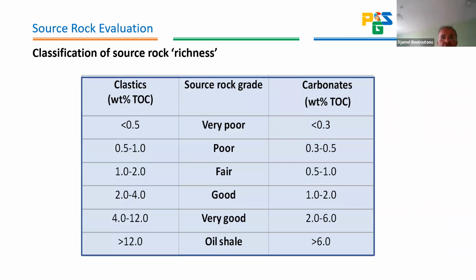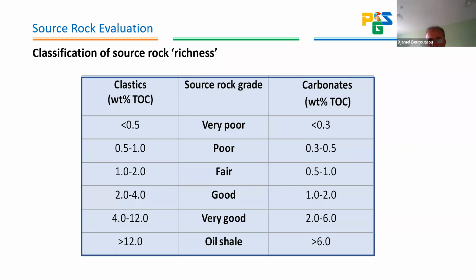So when you screen your samples, you get TOC values depending on the lithology of your rock samples, whether it's clastic, shale, or claystone. You can distinguish between poor and very good or excellent organic richness. There is a difference between carbonate rocks and clastic rocks.